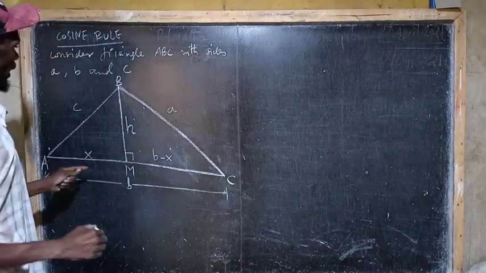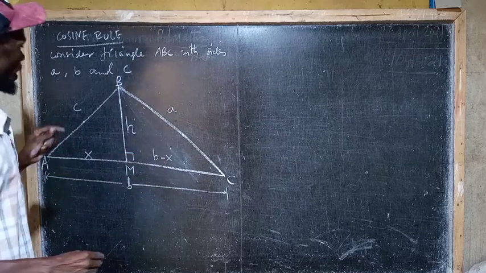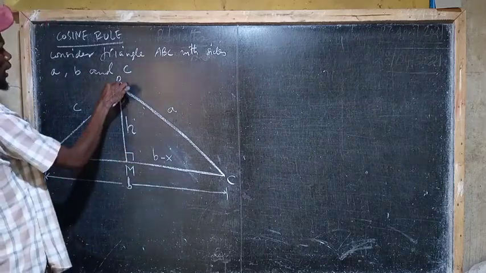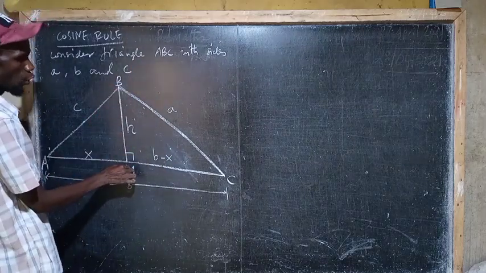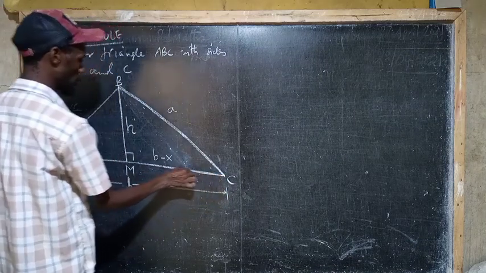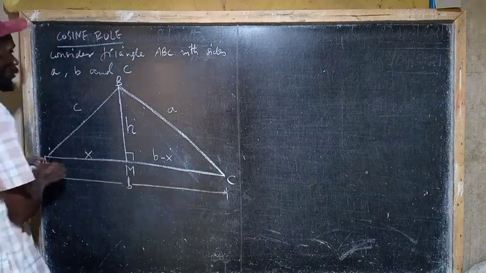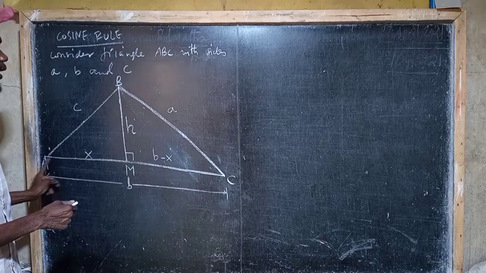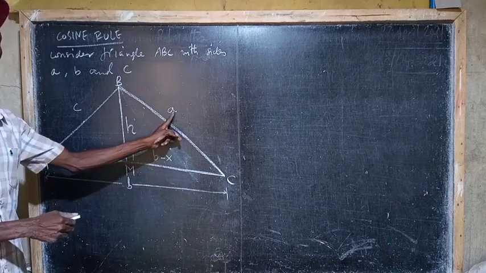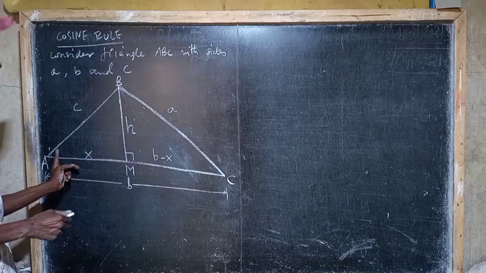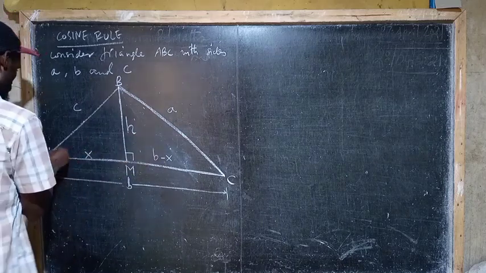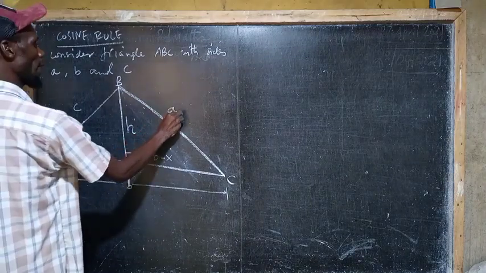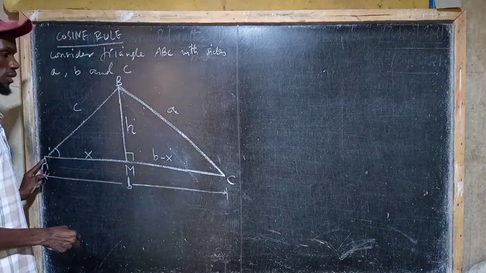This is the triangle ABC, and I have drawn a perpendicular line BM, which is perpendicular to AC. In the same way that we explained in sine law, this is A, and the opposite side to this angle is also A. So this is side A because of its opposite angle.